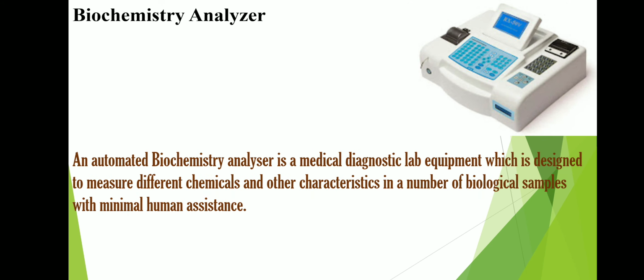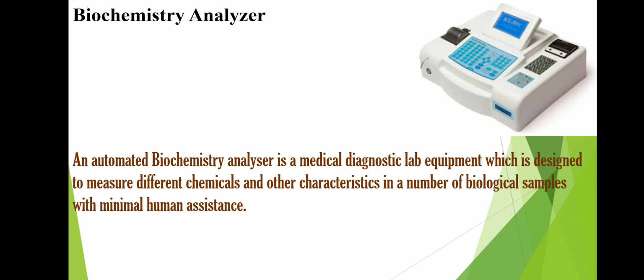You just have to put the samples inside this type of digital machine, and the sample will be evaluated. You put the sample and the reagent, and the product formed after the reaction between the sample's biomolecule and the reagent will be evaluated and given in numerical value form by this digital machine.